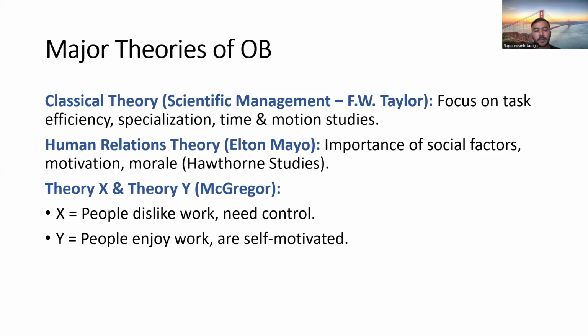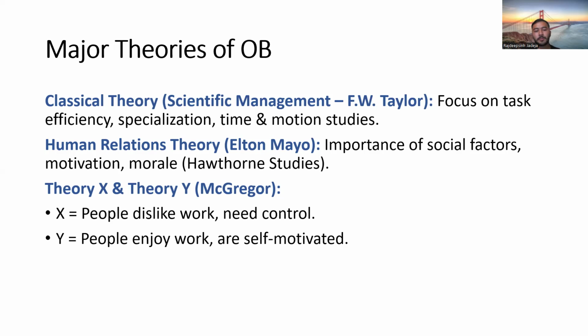The second one is human relations theory, which is given by Elton Mayo, and we already studied Elton Mayo's research in our previous management lesson. In organizational behavior as well, Elton Mayo has given theories showing the importance of social factors like motivation and morale. Then there are Theory X and Theory Y, given by McGregor.